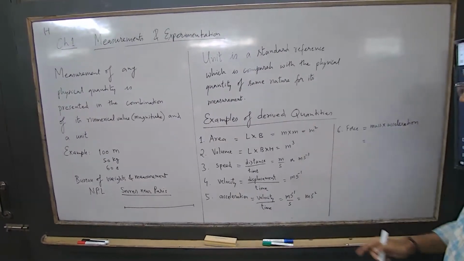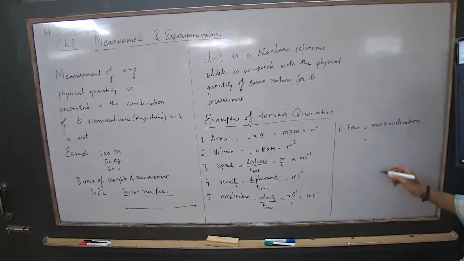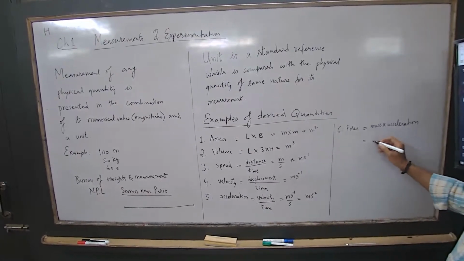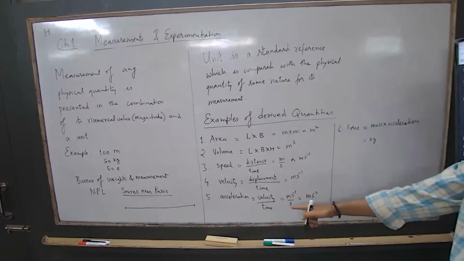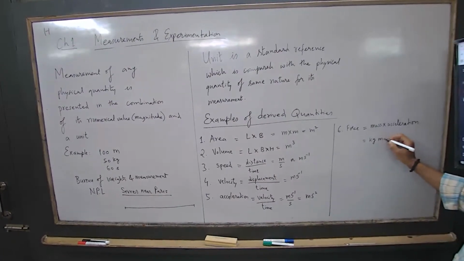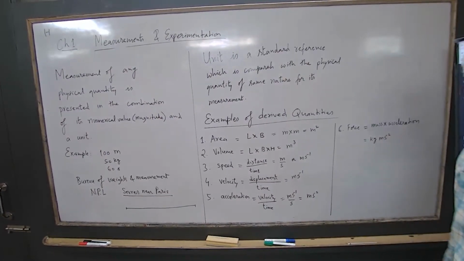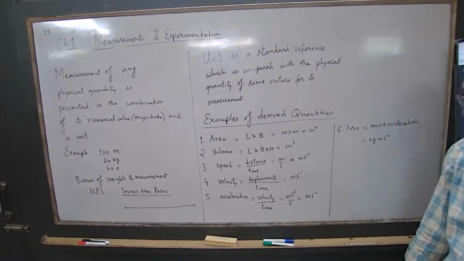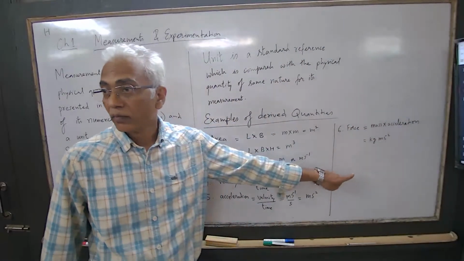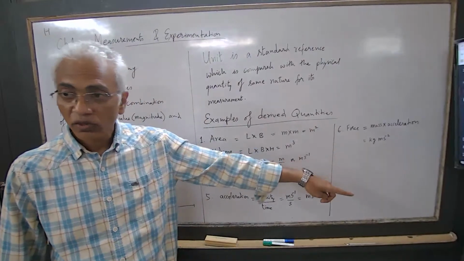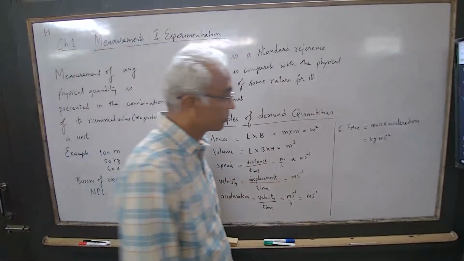Everywhere you see that it is a combination of fundamental units. Now what is the unit of mass? Kilogram. What is the unit of acceleration? Meter per second square. Right? Kg meter per second square is called Newton.